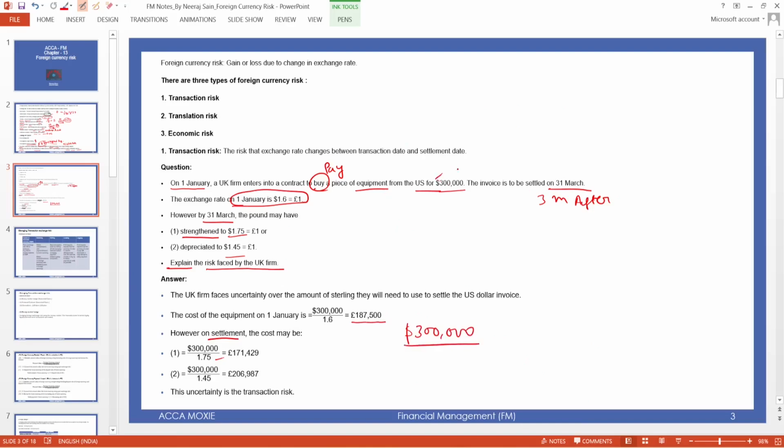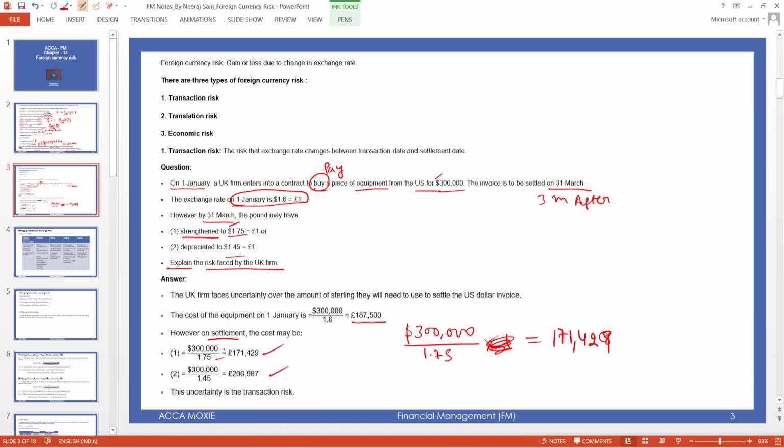Because this is the dollar, you have to use the dollar in the denominator, and you have to multiply it by pound, or there is no need to multiply by pound, because the answer will be the same. 300 divided by 1.75 is 171,428.429.